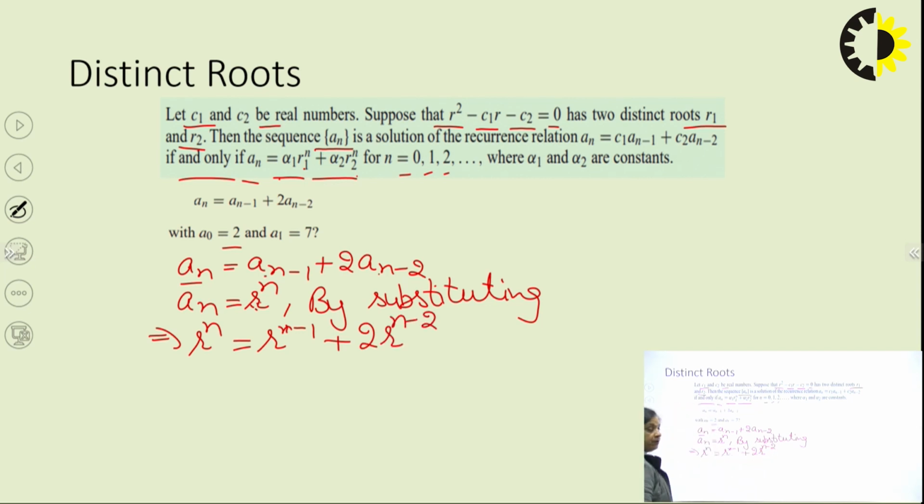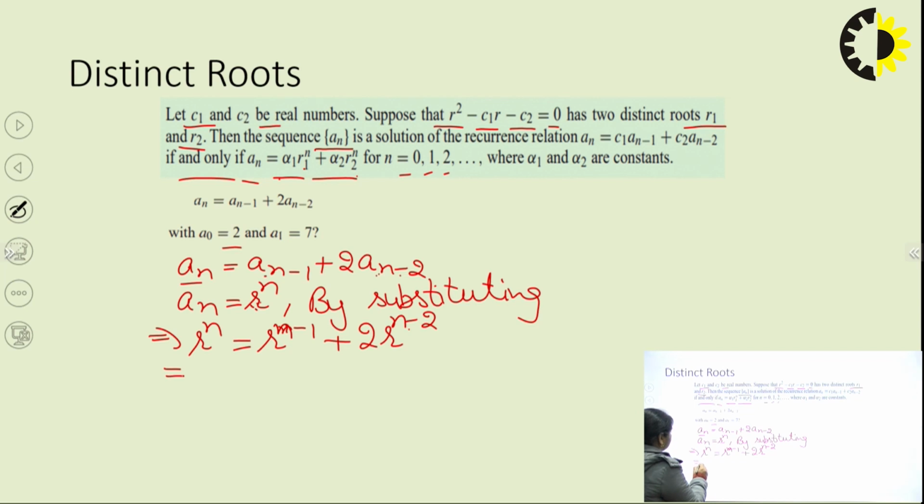Simply, we have taken an as r to the power n, an minus 1 as r to the power n minus 1, and an minus 2 as r to the power n minus 2. If we see here, r to the power n minus 2 is common in all, so we will divide both sides by r to the power n minus 2.